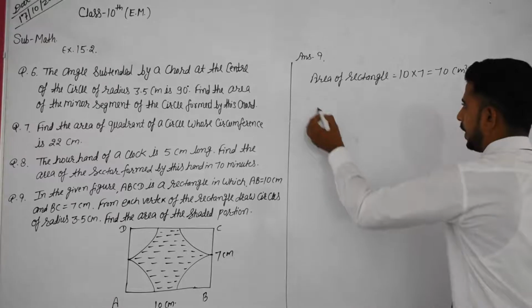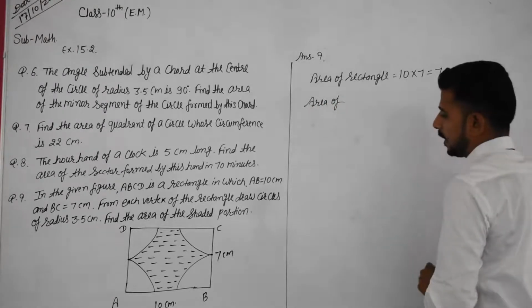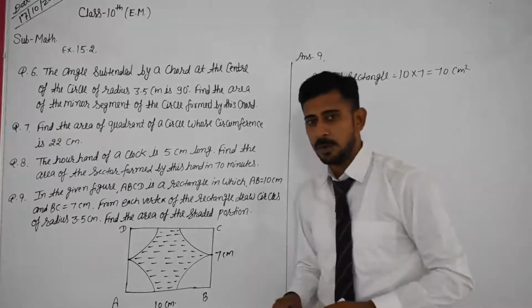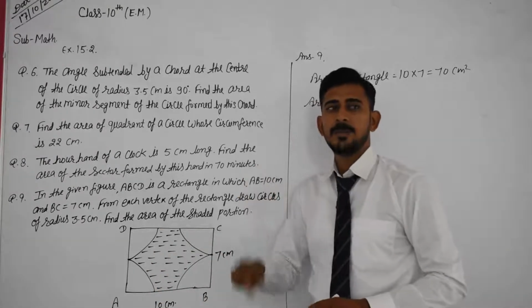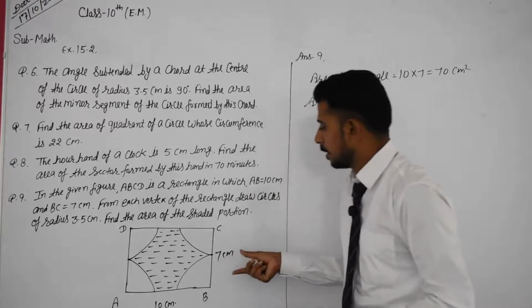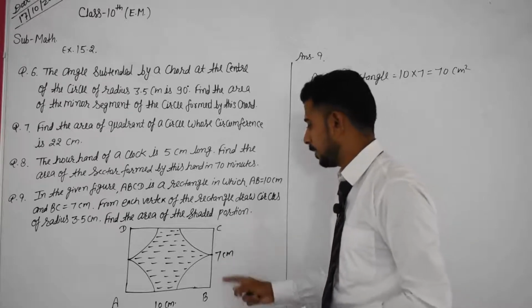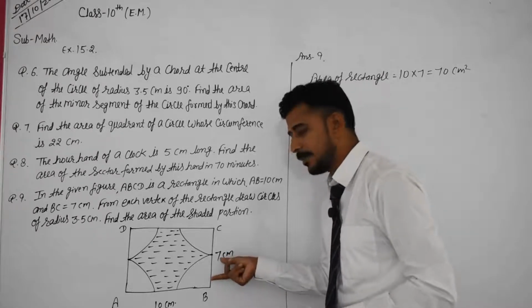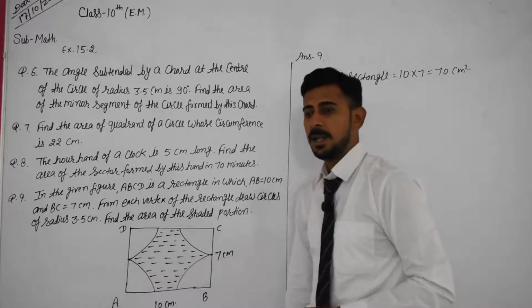Area of 1 quadrant is pi r square upon 4. Then area of 4 quadrants is equal to 4 multiplied by pi r square upon 4. And the radius of this quadrant is 3.5 centimeter, because the complete side is 7, half is 3.5, and also in the question radius is given as 3.5 centimeter.